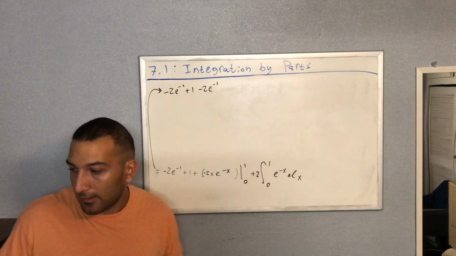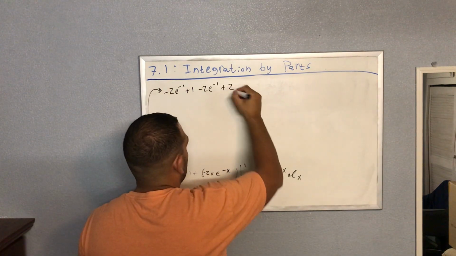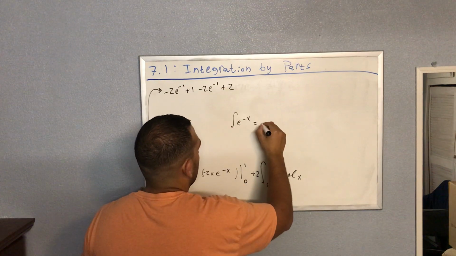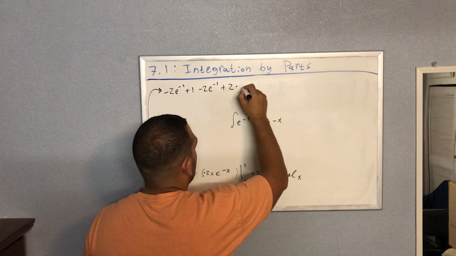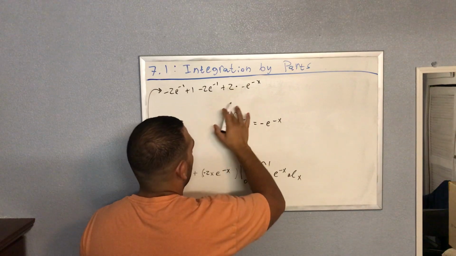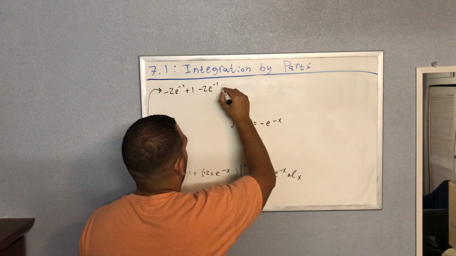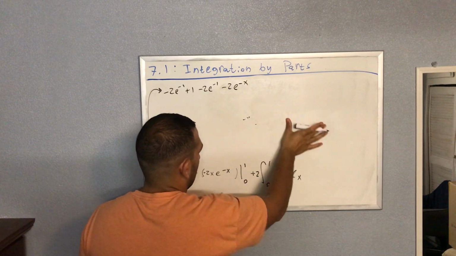and then plus 2, and then we know this integral, right? The integral of e to the negative x is negative e to the negative x. So this becomes 2 times negative e to the negative x, which again, when you combine this, is minus 2 e to the negative x.